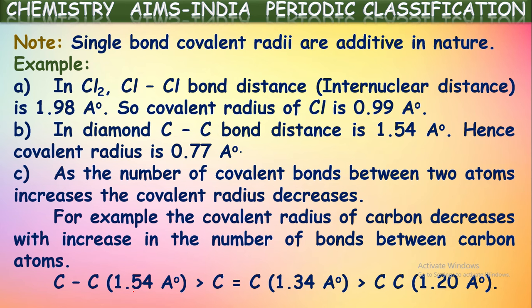If the carbon atoms are connected with two bonds, that is called double bond, then the bond length decreases, so that covalent radius also decreases. If the bond between the two carbon atoms is a triple bond, then carbon atoms come some more closer to each other, and hence bond length decreases, and covalent radius also. Okay.